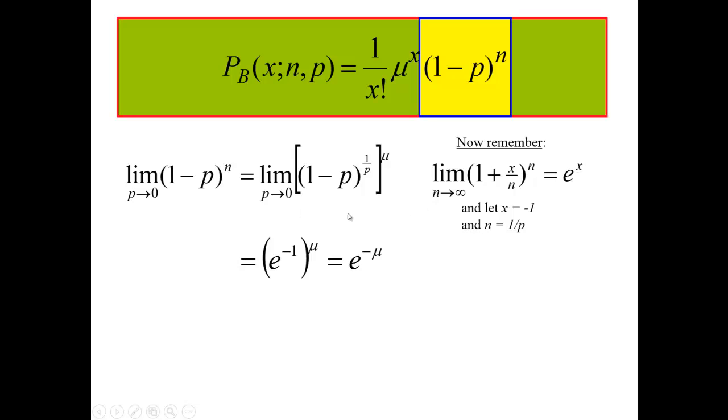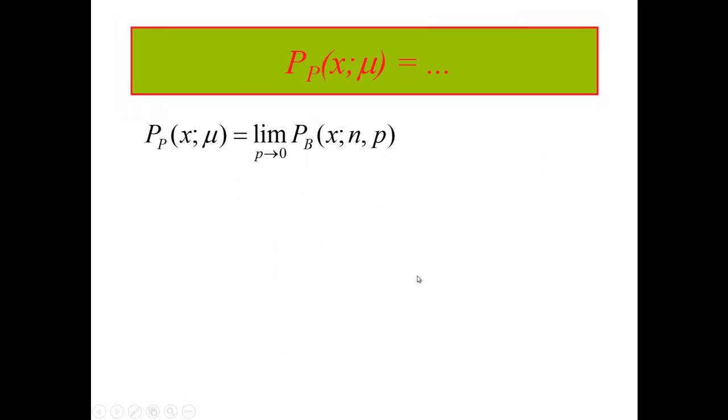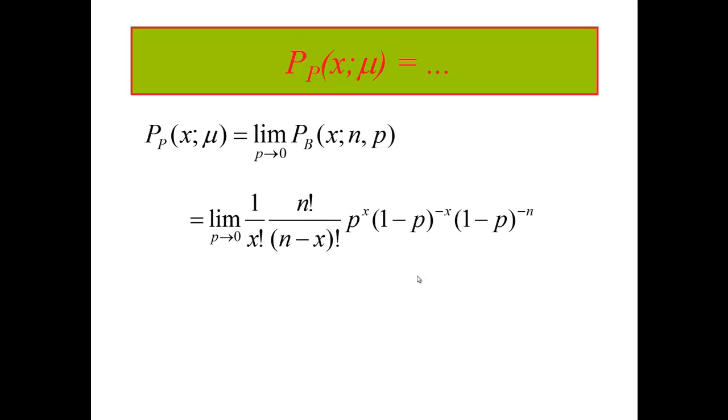So this limit of 1 minus p to the 1 over p becomes e to the minus 1. That gets raised to the mu power, and that becomes e to the minus mu. So you can take a look at that and satisfy yourself that indeed this is correct. So the result that we get, which is, remember, the limiting case for the binomial probability when the probability for success in any given trial is very small.